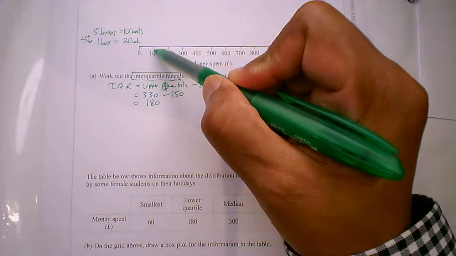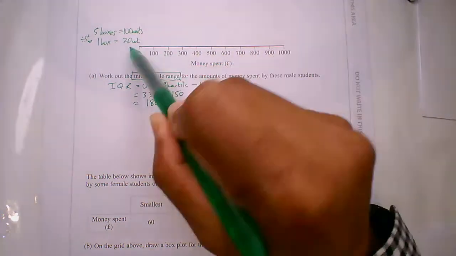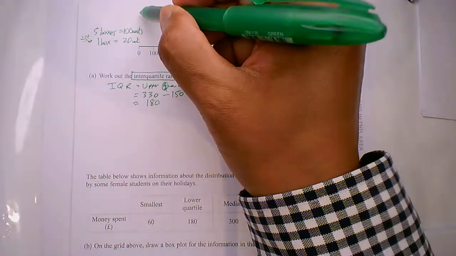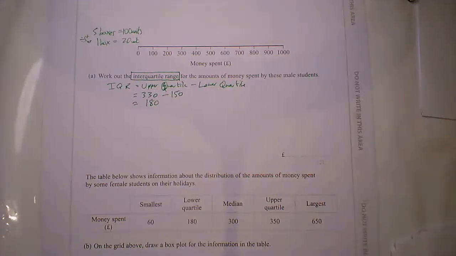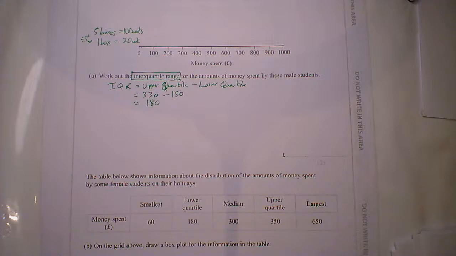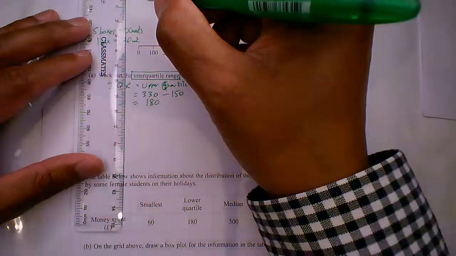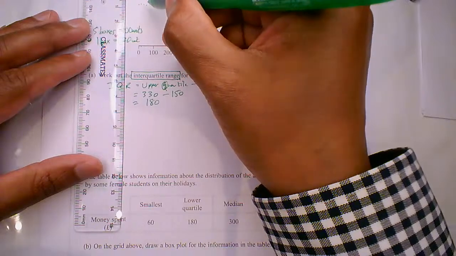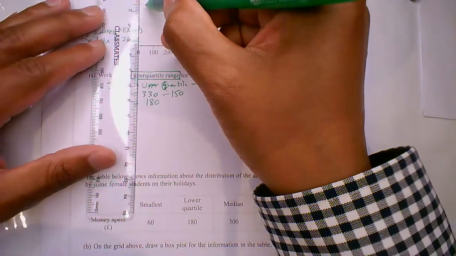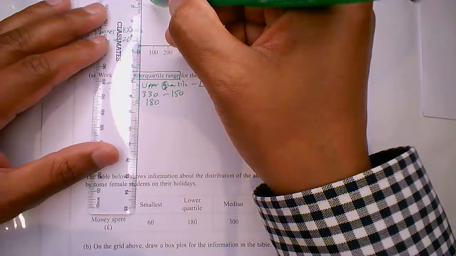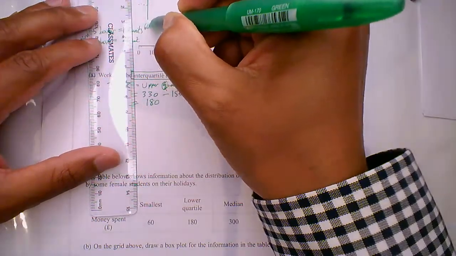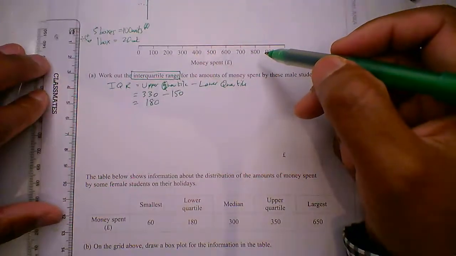If one box is 20, I need to be 3 boxes across. Get my ruler. So I've got 1, 2, 3 boxes. I'm just going to put 60 there just to make it clear to the examiner.